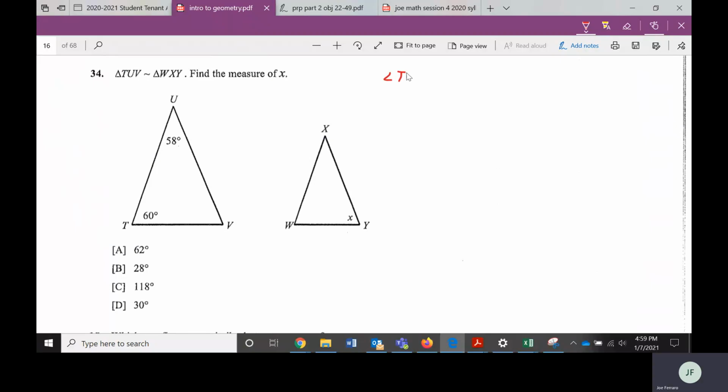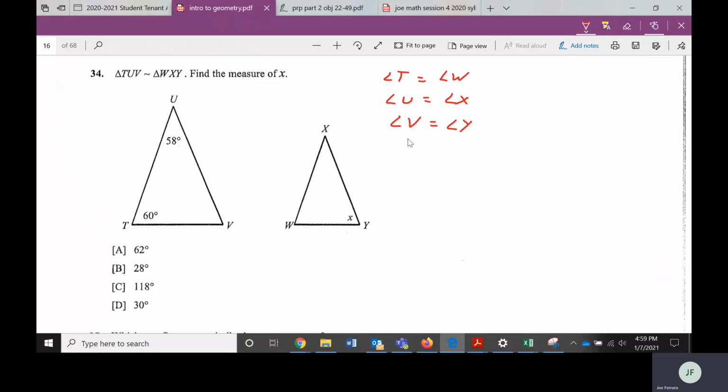So angle T is going to be equal to the first letter in the second triangle, angle W. Angle U, because that's the middle one, is going to be equal to the middle one of the other one, angle X. And then angle V is going to be equal to angle Y.